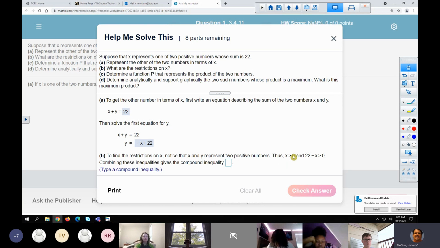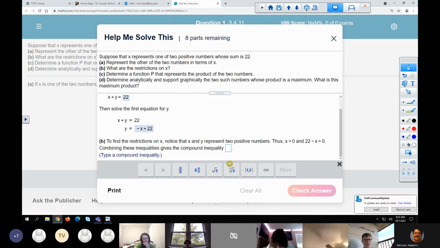So thus x is equal to, those got to be 0. Combining these inequalities gives the compound inequality. Well, x is greater than 0, and 22 minus x, so that'd be minus 22, so that'd be 22 to infinity.